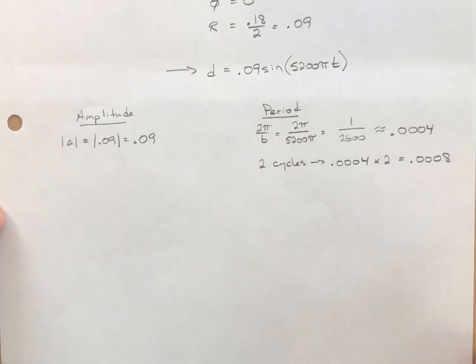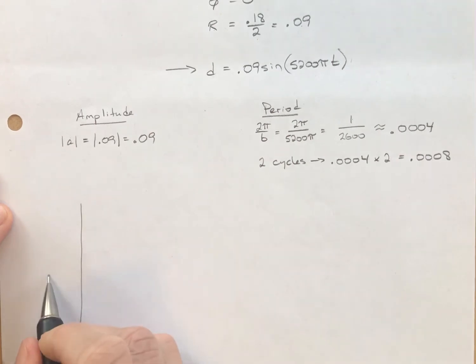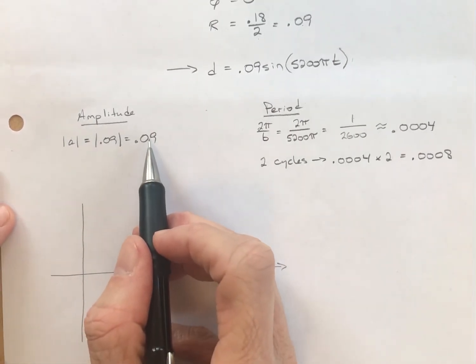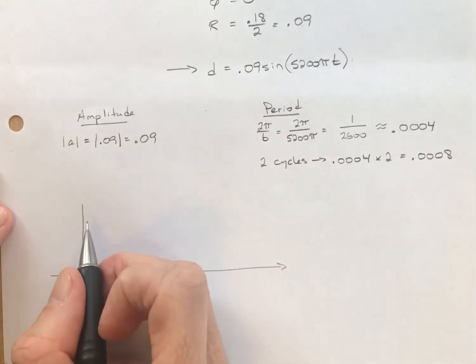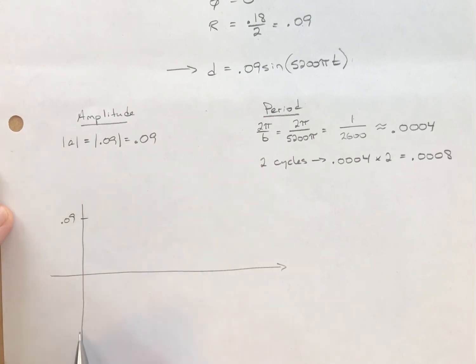Okay, you got our information. Let's do a sketch. All right, we know that our amplitude is a whopping 0.09 meters. Wow, that's pretty small. So 0.09 here, go down the same distance, negative 0.09.